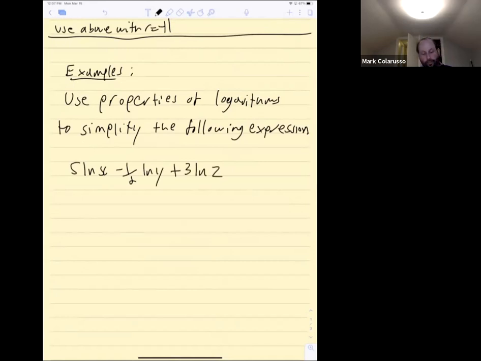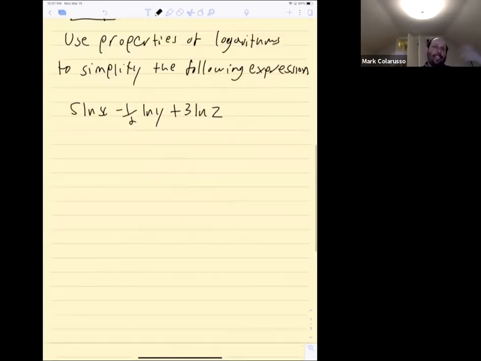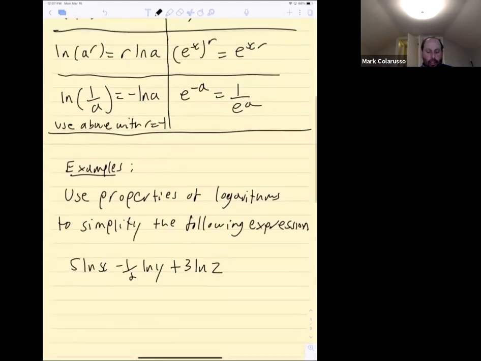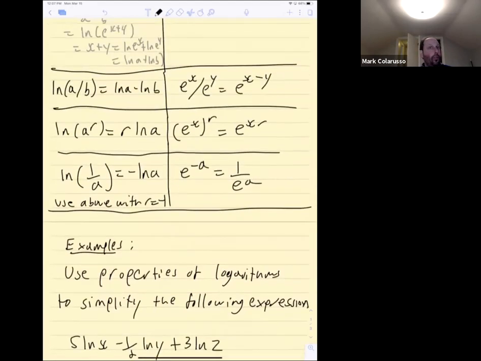Okay, so x, y, and z, we can think of them as just some good old numbers. When we're doing these kinds of simplifications, I think the difficulty is in which property to use first.